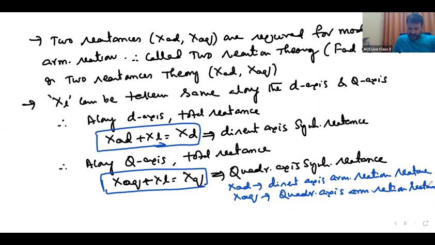Now which is greater, XD or XQ? XD will be greater because XEAD is greater than XEAQ.